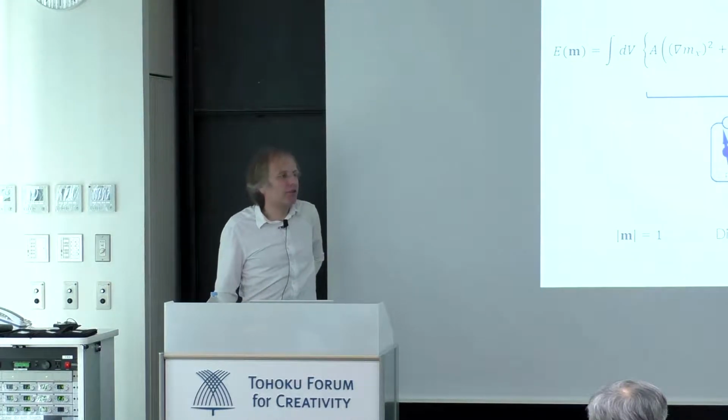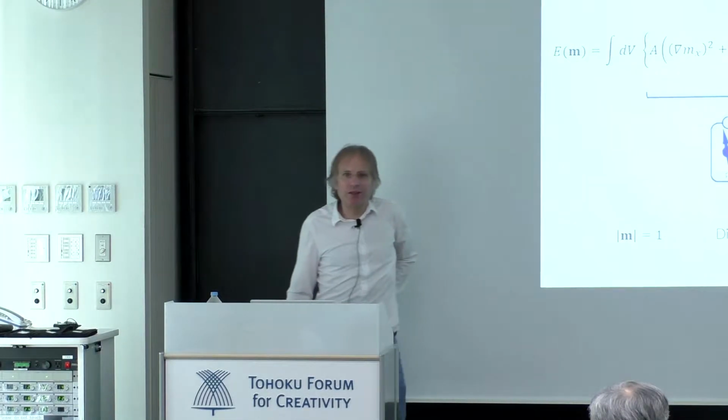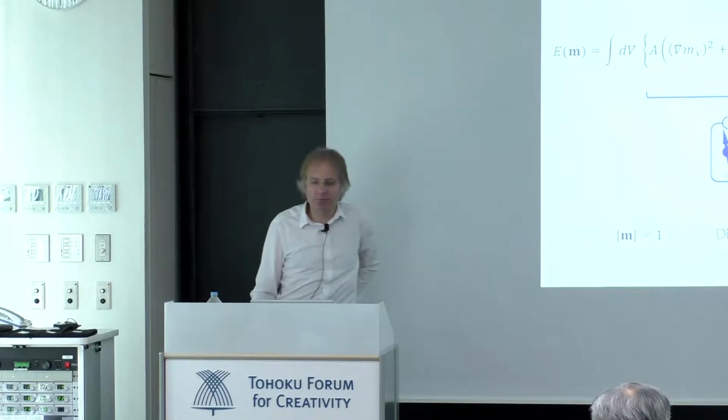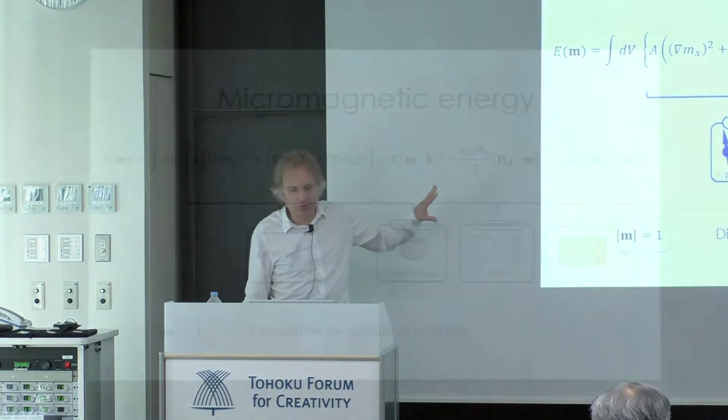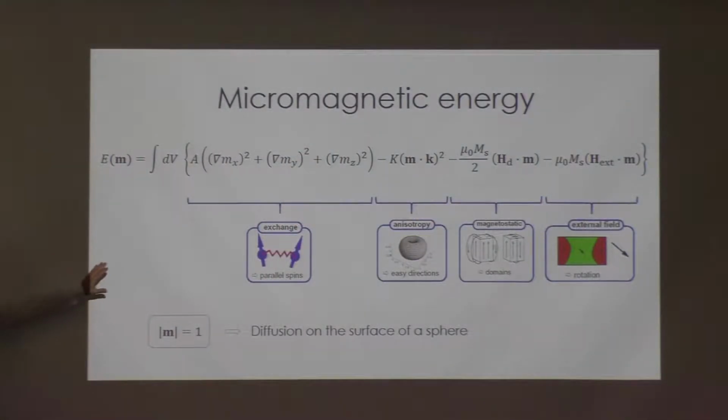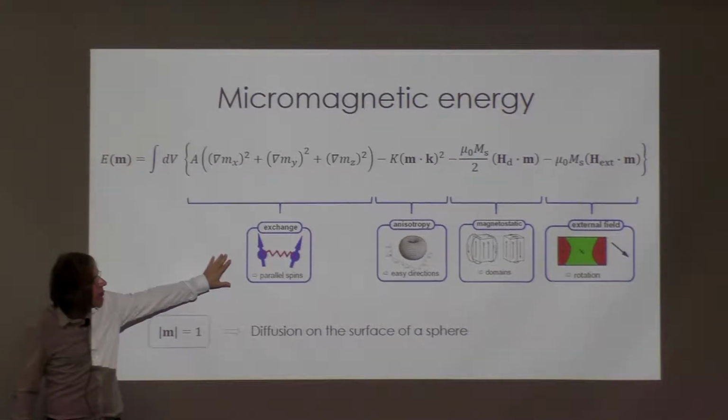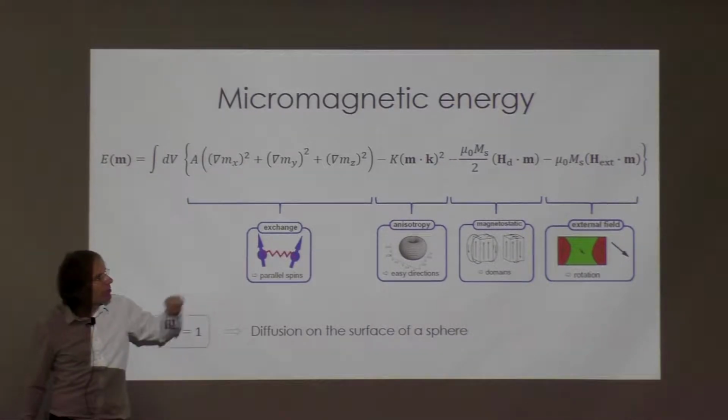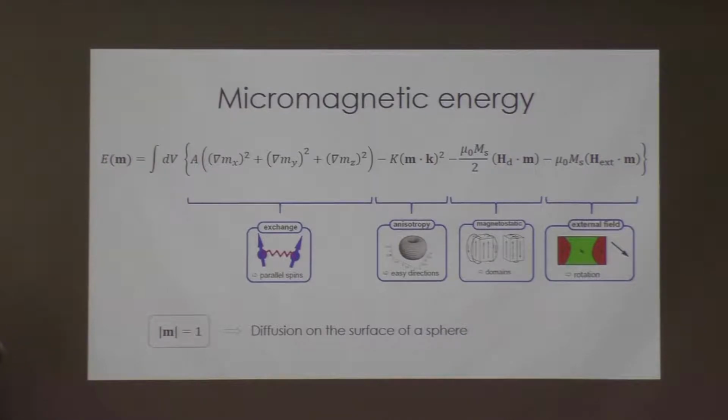So the total energy is, for hard magnetic purposes, mostly composed of four terms here. We have the exchange energy, the anisotropy energy, the magnetostatic energy, and the Zeeman energy in the external field.